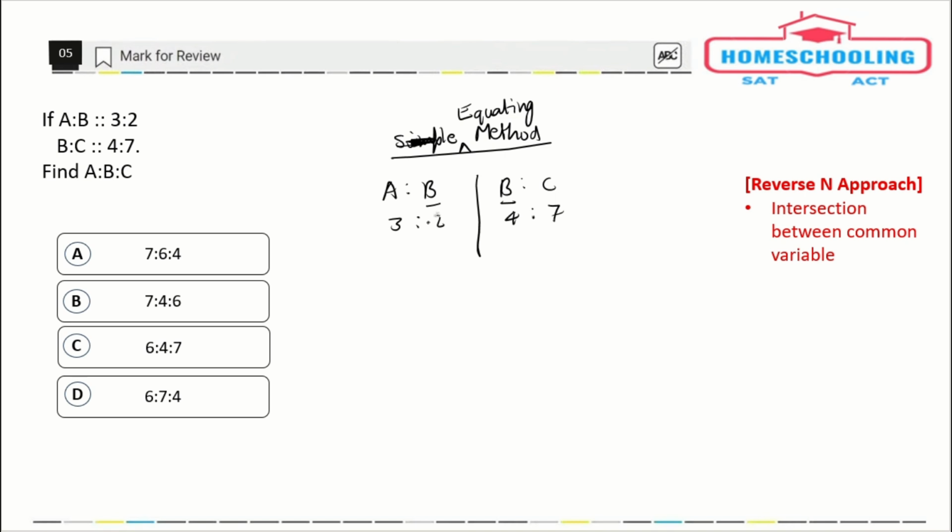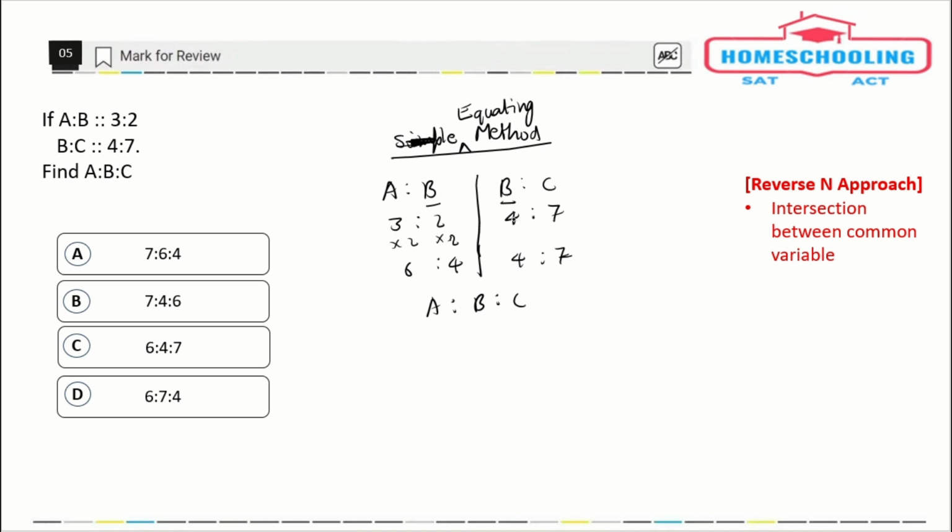If we want to make this 2 as 4, we multiply both values by 2. So it becomes 6 is to 4, and the other one is 4 is to 7. Now we can say A is to B is to C, because we have equated B on both sides.